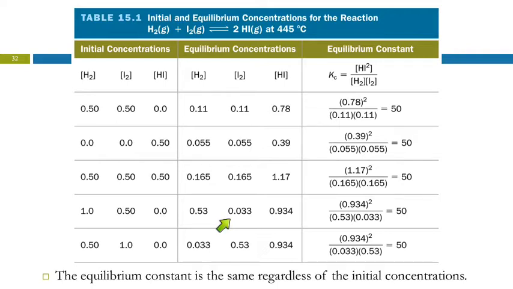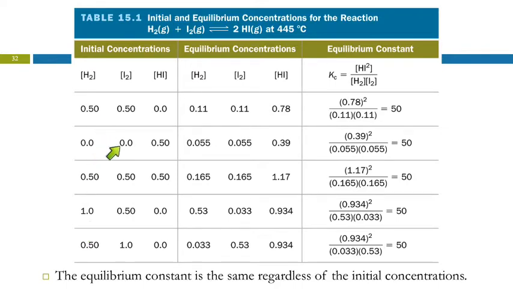Yeah? Can the equilibrium concentrations be more than the initial concentrations, or that's impossible? Well, you can't create atoms, right? And so like in this one where we're starting just with the reactants, the only thing that can happen here is that these can react to form the product. You can't get an equilibrium concentration of I2 that's higher than what you started with because there was no product to react and form it.